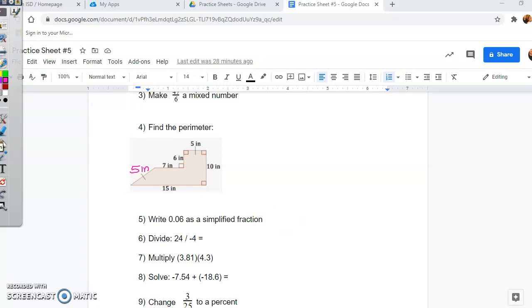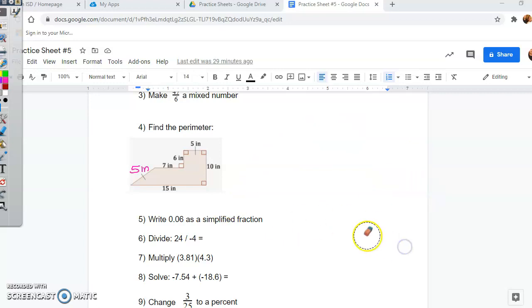I just need you to know when you have matching markings, those mean the same. So if you had a rectangle and there's a marking here and a marking here, that means if this is 3, then this is also 3. If this is 4, this is also 4. And if this is 7 and you see 2 markings, and you see 2 markings here, that means it's 7.